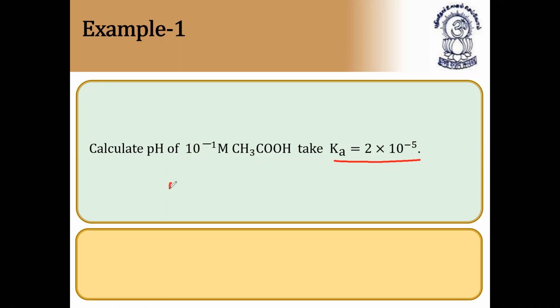So as I told you, pH is equal to 1 by 2 into pKa minus log C. What is pKa? Negative logarithm of Ka, where Ka is 2 into 10 to the power of minus 5.